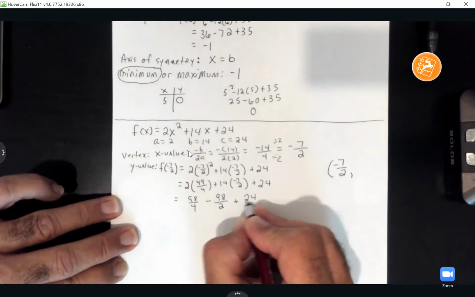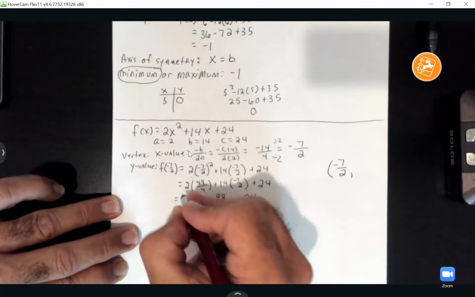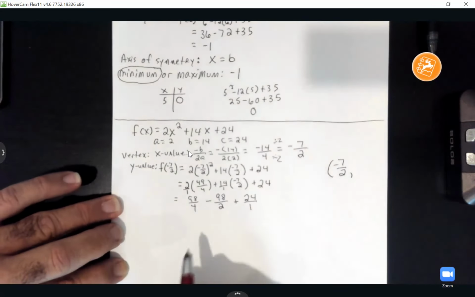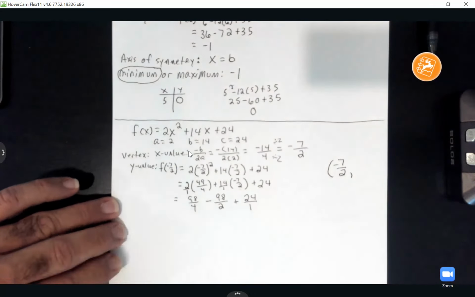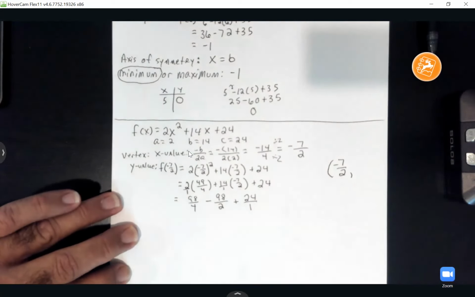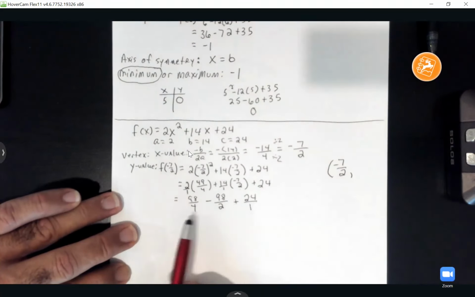And remember, at the moment, the 24 has a 1 on the bottom, just like I was doing here. Treat any number that don't have a bottom as if it's a 1. So now here's the trick. In order to add these 3 fractions, I need a common denominator.